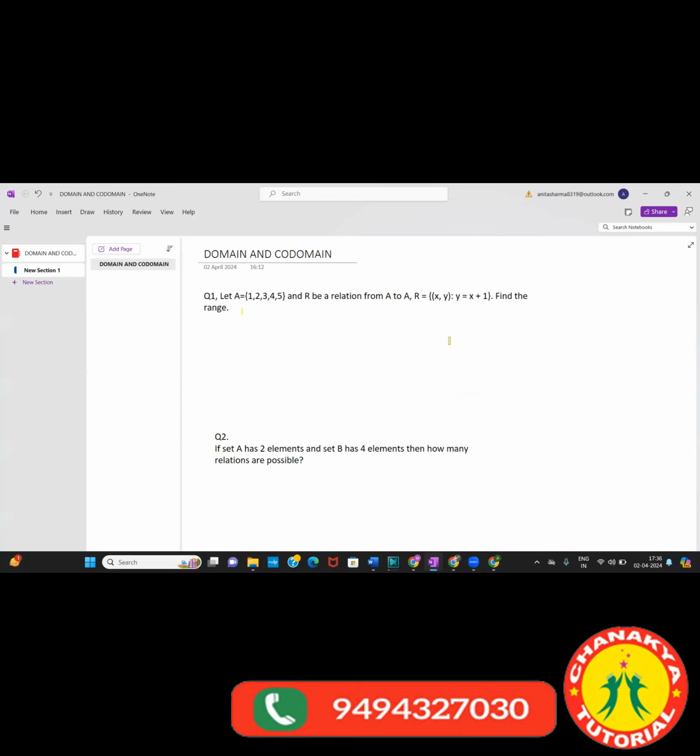Now in yesterday's class, beta, we have learned what are domain, what are codomain, and what are range. Will you please tell me what is your range here? What is your domain here? Domains are like the x-axis of the relation.